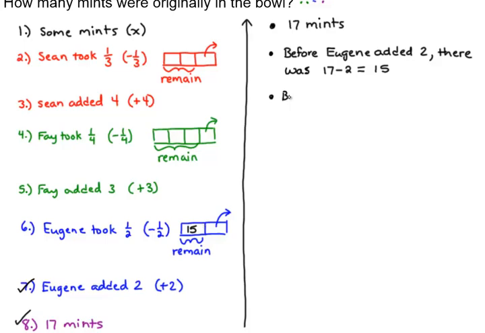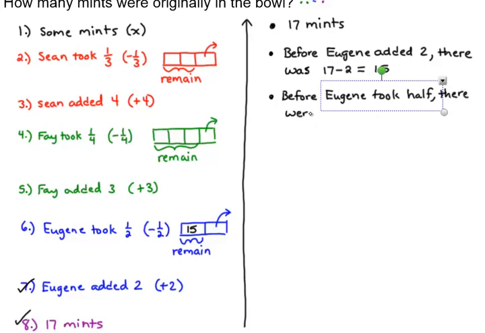So before Eugene took half, there were 15 times 2, which is 30. Okay, so that took care of step 6.